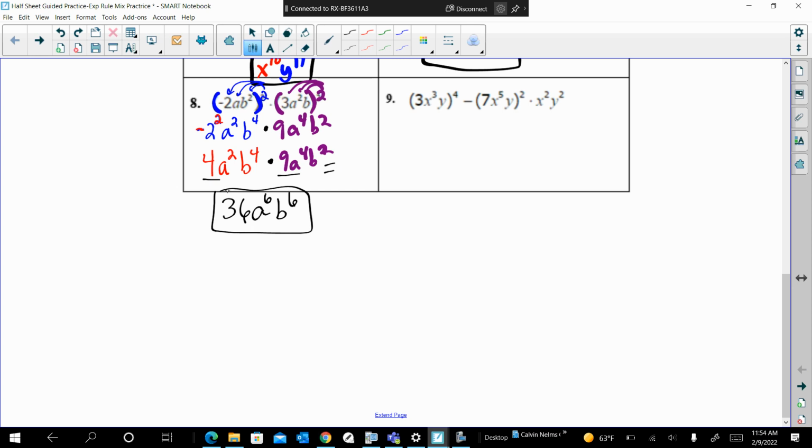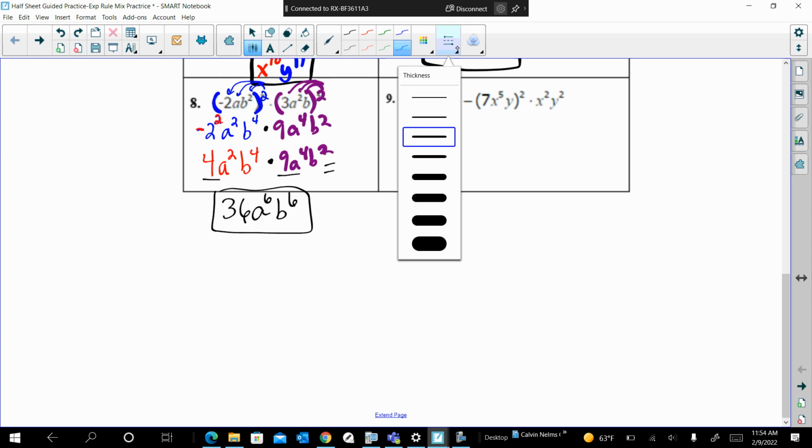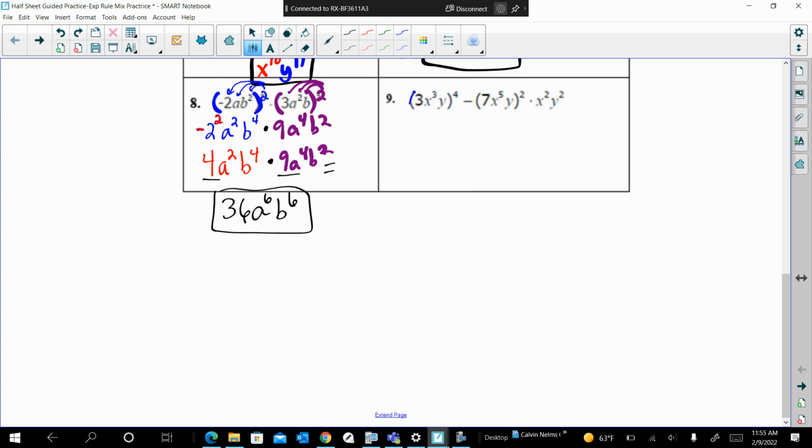So do the parentheses first, just like in order of operations. Parentheses comes before anything. Comes before exponents, comes before multiplying. So we need to do this set of parentheses first. If you do the power rule to that binomial, let's see if you can get the correct results.